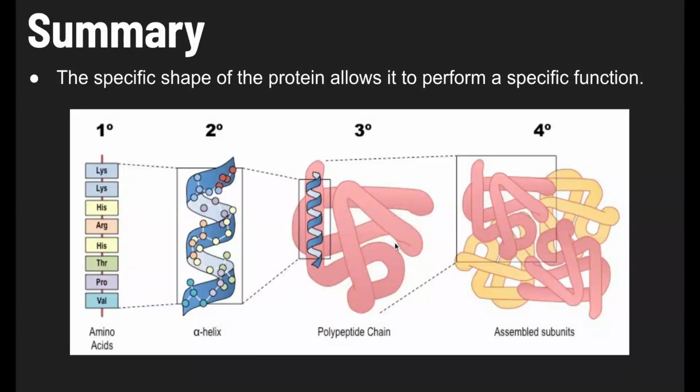And that's what gives it its tertiary structure. And then when you put multiple polypeptides together that have these tertiary structures, that's when you get a quaternary structure of the protein. And the big idea is at that point, you have a very specific shape of the protein, and that very specific shape allows it to perform a very specific function in the cell.